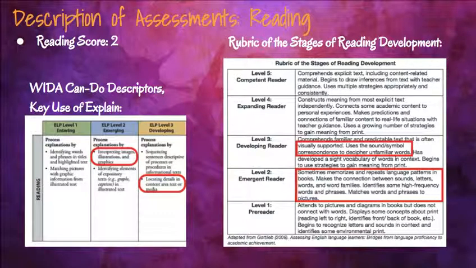In terms of her reading assessment scores, her overall score, again, was a 2. So I have 2 rubrics on here. One is the WIDA can-do descriptors, and then the rubric stages of reading development.